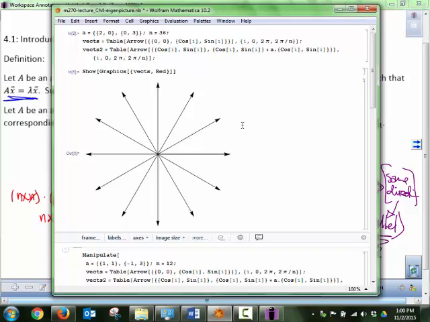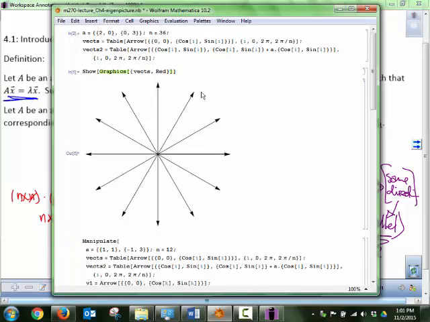What this program does is it draws the matrix times these vectors from head to tail. I don't know if that makes sense.